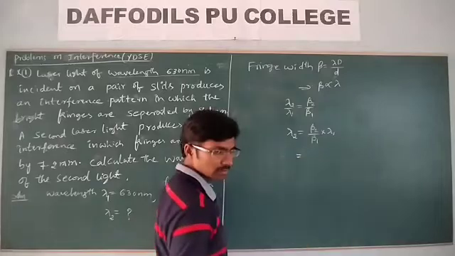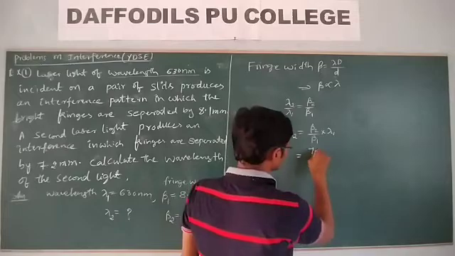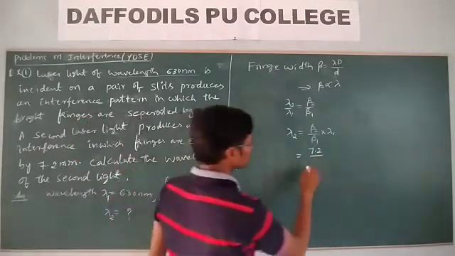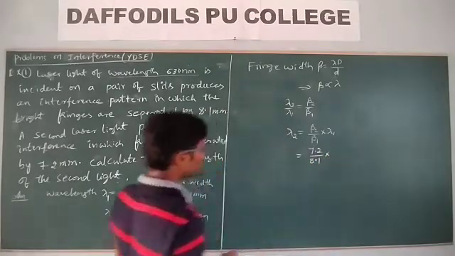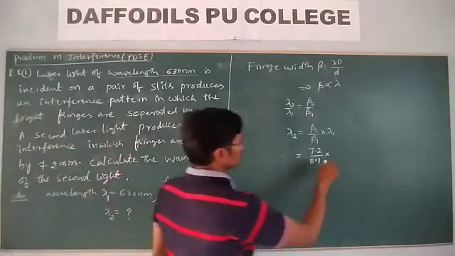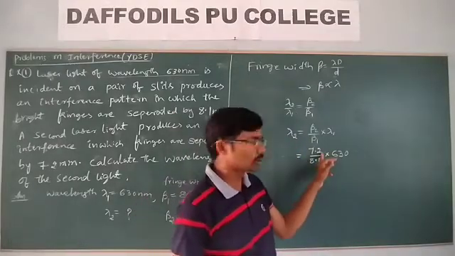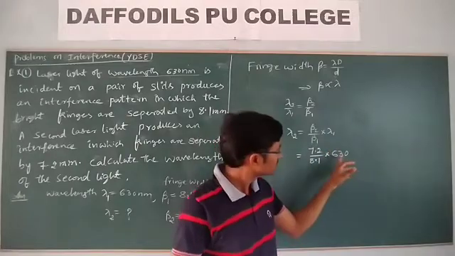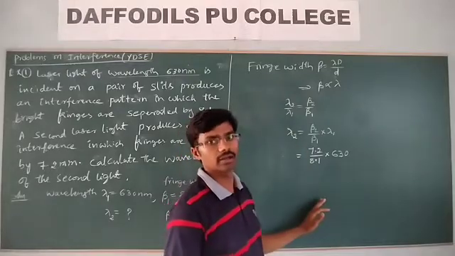Substitute the values: beta 2 is 7.2 by beta 1 which is 8.1, into lambda 1, the wavelength of the first laser light, 630 nanometer. Now 7.2 millimeter and 8.1 millimeter, the units cancel, whereas 630 is in nanometer, so the answer will also be in nanometer.